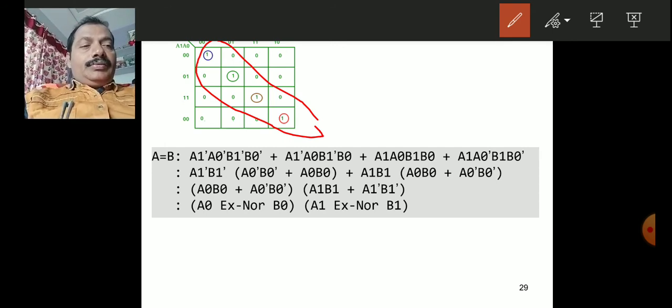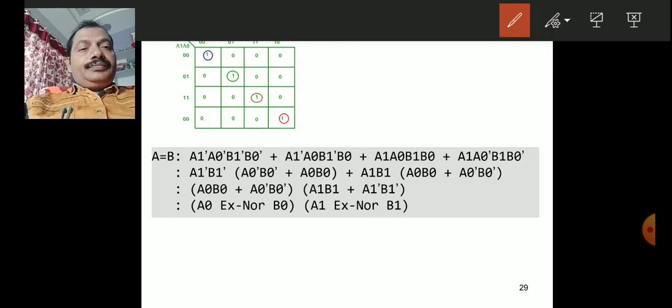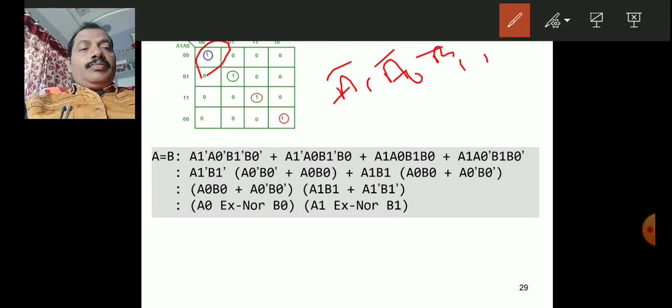Like this you have to write. Because diagonal grouping is not possible, what you have to do is write for each single one only. So let me write for this one: A1 bar, A0 bar, B1 bar, B0 bar.